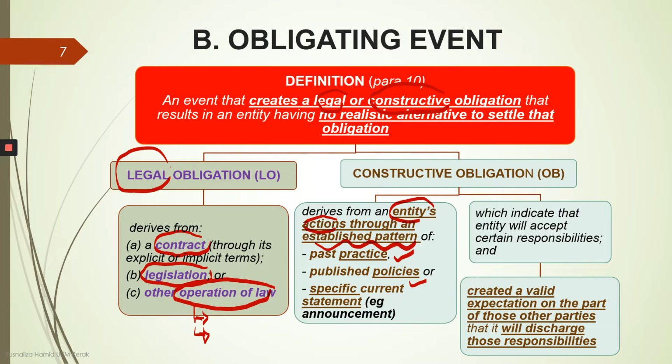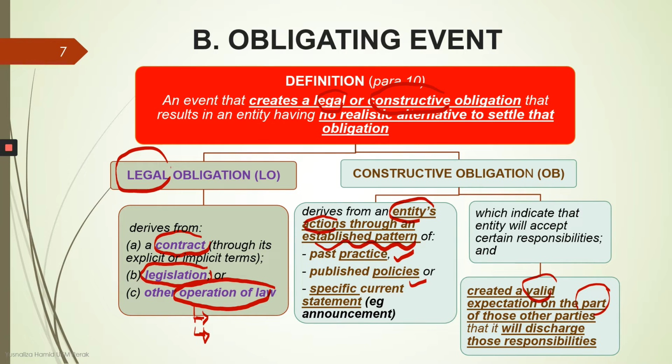We're talking about those with some official statement, right? That has indicated that the entity will accept certain responsibilities, and normally the constructive obligation will create a valid expectation that our entity will discharge our responsibilities.